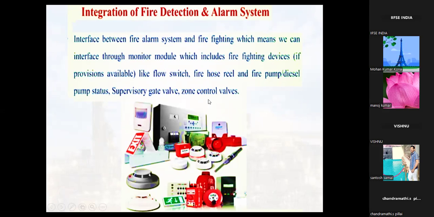Now, all these you must have seen in buildings and other places. People who are well versed with firefighting systems know that from the tank you have the pumps, which when switched on distribute to different areas and different levels of the building and other structures. So all these have to be integrated properly.